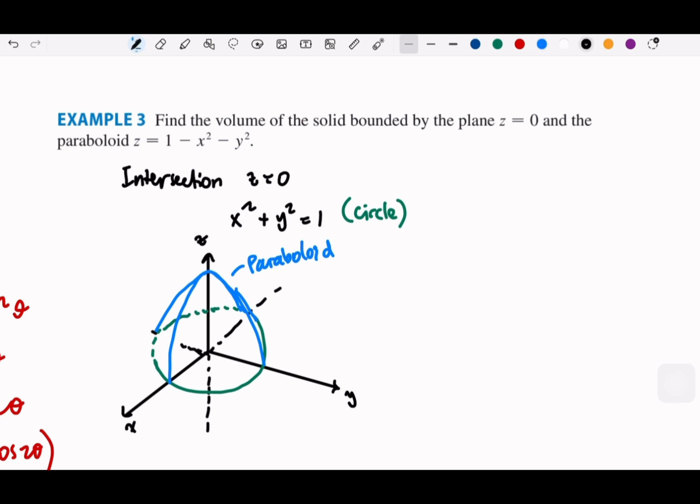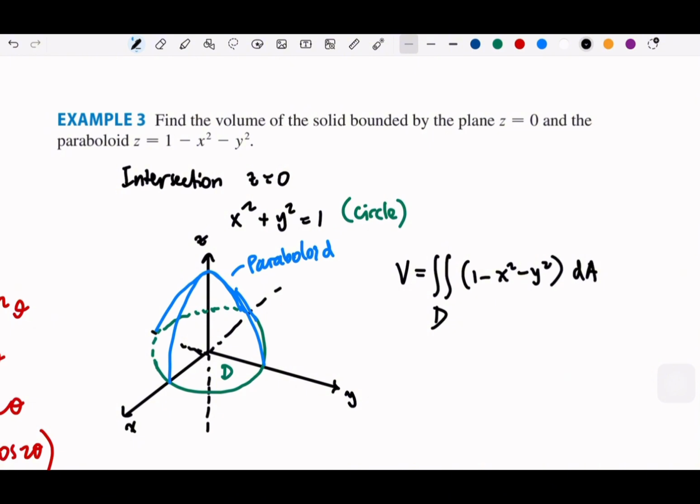So then if we take the volume between the plane and the paraboloid, we can write this with, let's say, D, this is the projection, the circle. And let's say this is the paraboloid. Let me just make this dA. So we know the projection is a circle, which is polar, and the full circle means it will be 0 to 2 pi, and the radius we know is 1, so it's from 0 to 1.